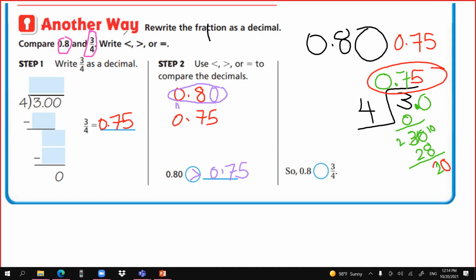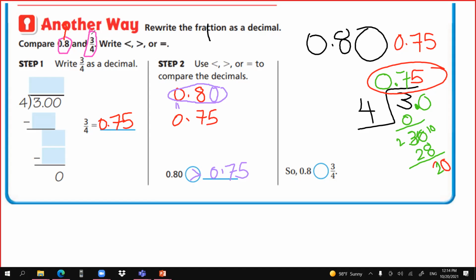Let me explain. Here, I will repeat now from the beginning. Here we have 0.8 and 3/4. 0.8 is a decimal and 3/4 is a fraction. And I cannot compare between a fraction and a decimal. I must convert the fraction to a decimal in order to compare.